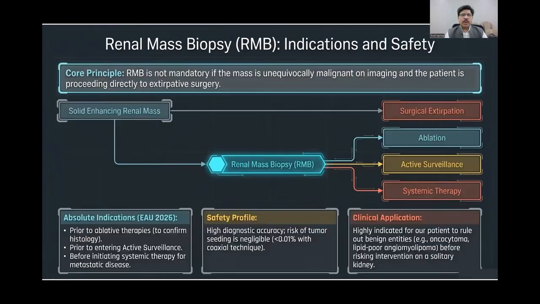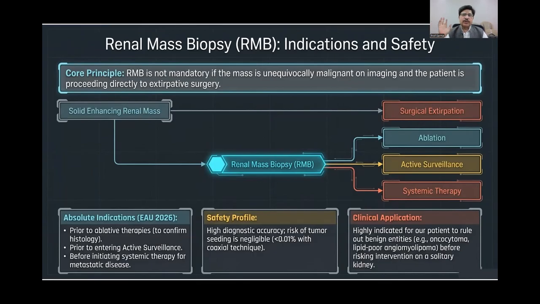Okay. Now, renal mass biopsy. This is another investigation I told you about. Renal mass biopsy, indications and safety profile. The core principle is RMB is not mandatory if the mass is unequivocally malignant. Meaning, if you know from ordinary imaging that it is already a malignant tumor, there is no reason you should do a biopsy.